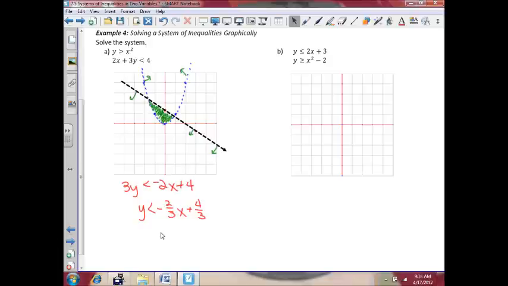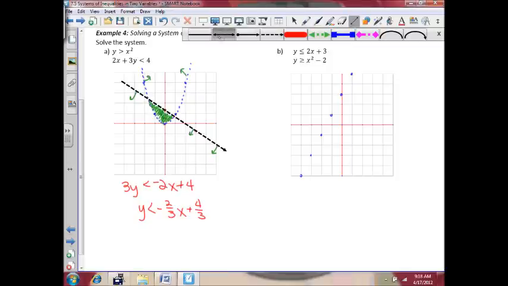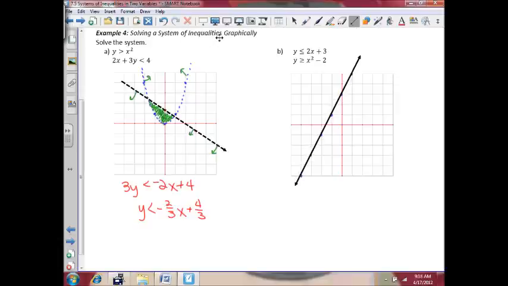Now for B, this makes it nice and easy. y is less than 2x plus 3. So graph that. And it's going to be a solid line because it's less than or equal to.